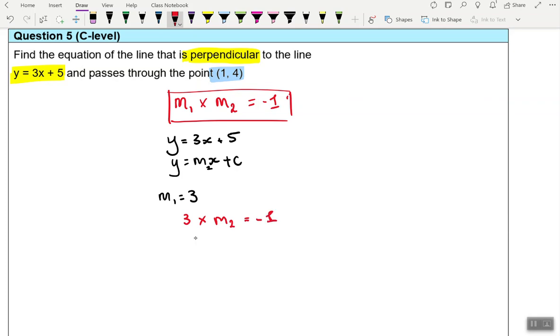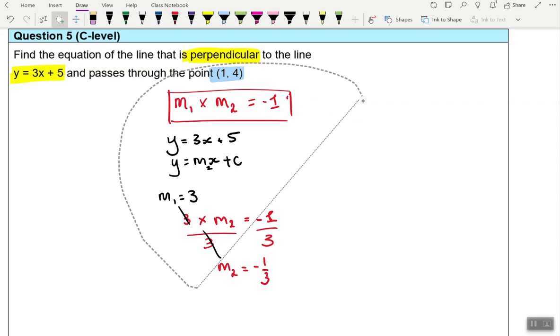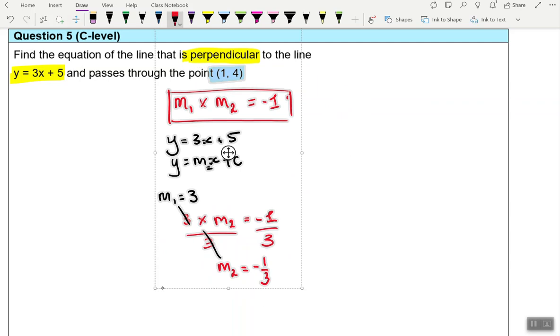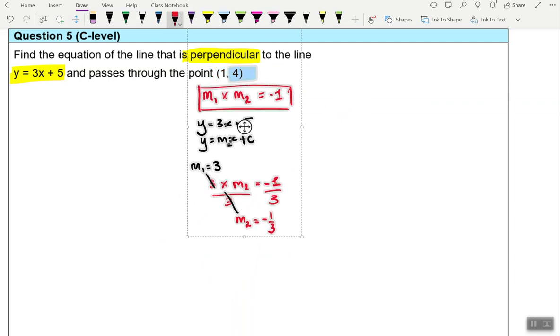If I'm looking for m2, I'll have to get rid of this 3 by dividing 3 on both sides. So 3 and 3 will cancel out and give me 1. So that's gone. And so m2 is -1/3. So what I've got so far is I've calculated m2.